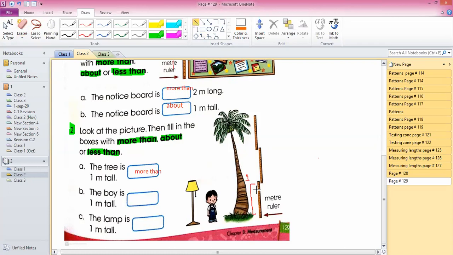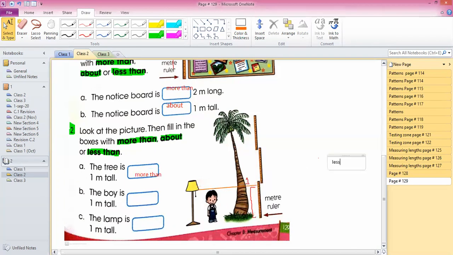If you check the height of this boy, you can see, guys, that this boy has less height. This boy is shorter than this meter ruler. That means you will say, sir, the boy is less than 1 meter tall.